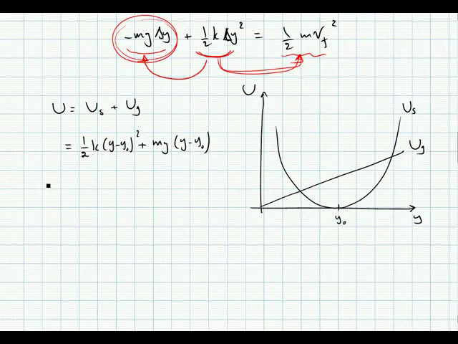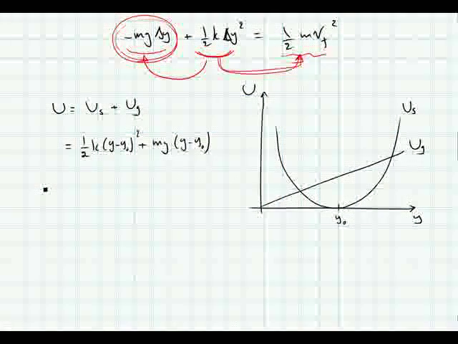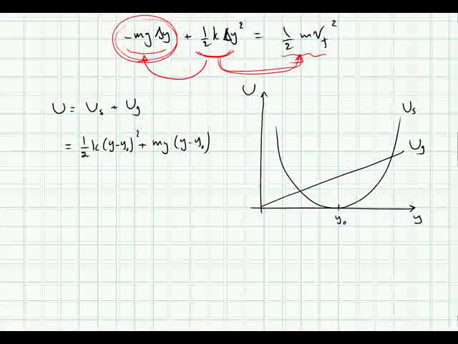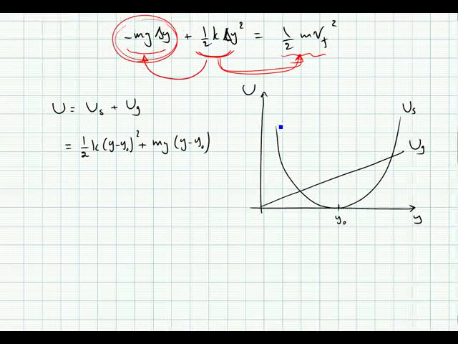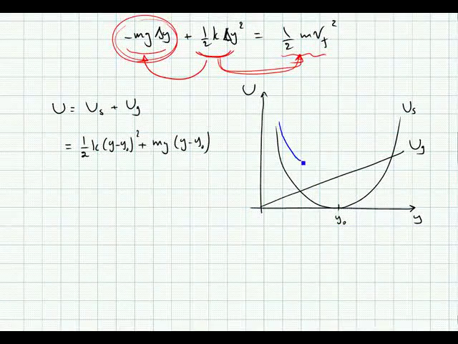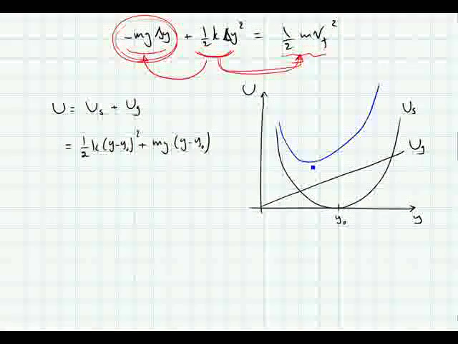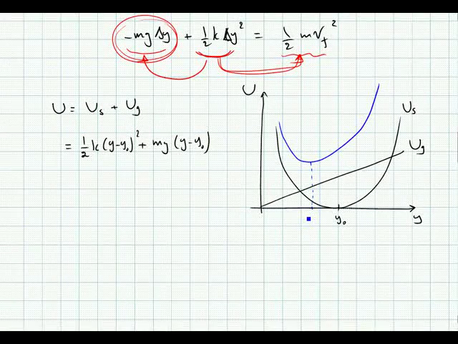Okay, so now if we want to note where the new equilibrium position for the system is, we simply find the minimum of this graph. So by the way, graphically, if you add these two curves, you should end up with something that looks more or less like this, which is a lopsided parabola which has a new equilibrium position.